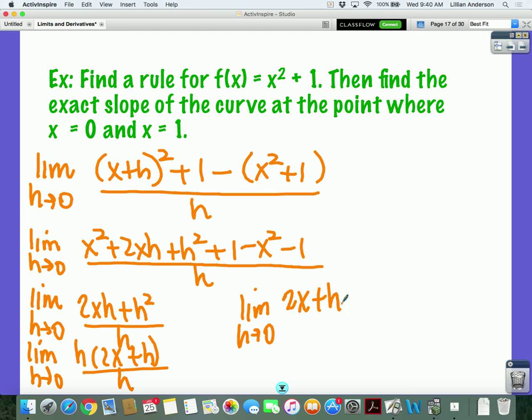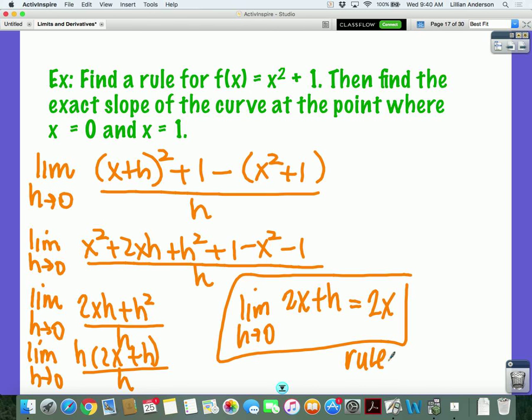And now, plug in 0. When I plug in 0, what am I left with? 2x. 2x is the rule to help us find the slope at any point along this particular quadratic. That is the rule. Okay?